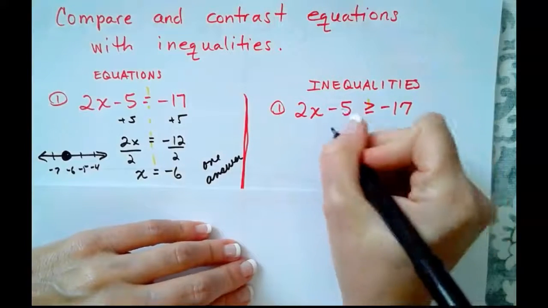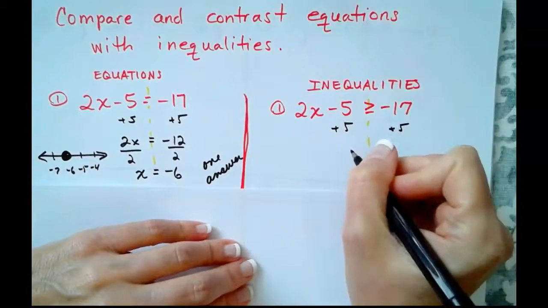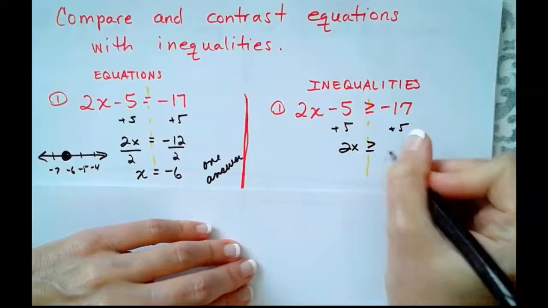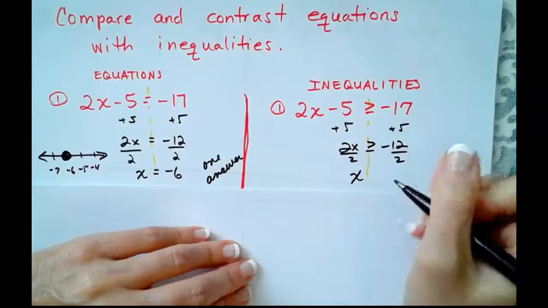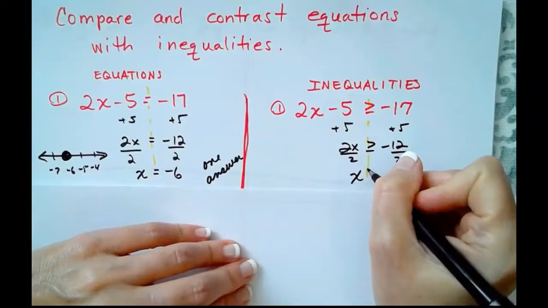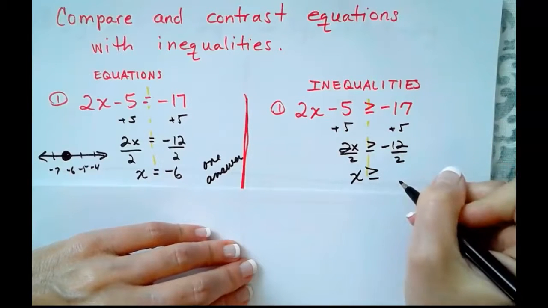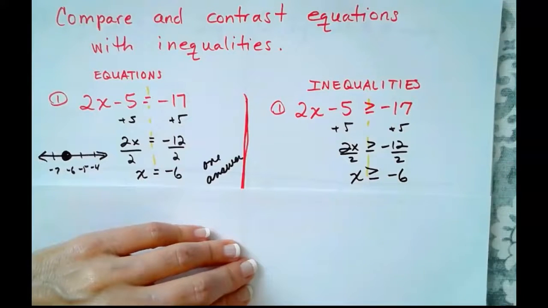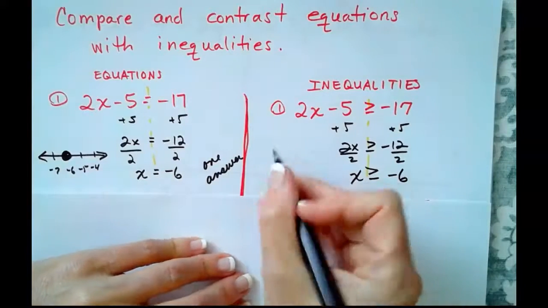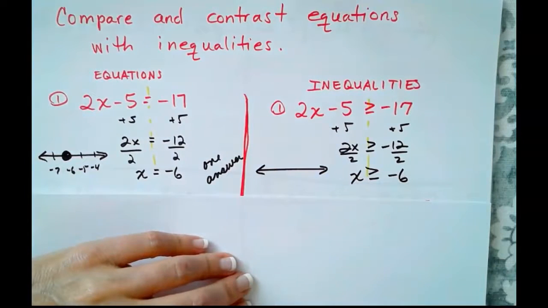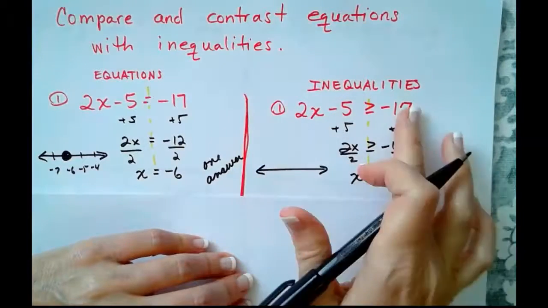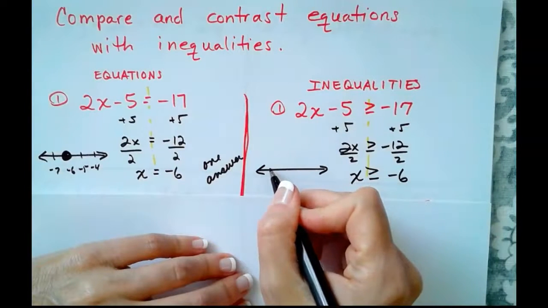Same process, add 5. 2x is greater than or equal to negative 12, divide by 2, divide by 2, x is greater than or equal to negative 6. So when we put this on the number line, we don't just have one answer. We have infinitely many answers that will make this inequality true.